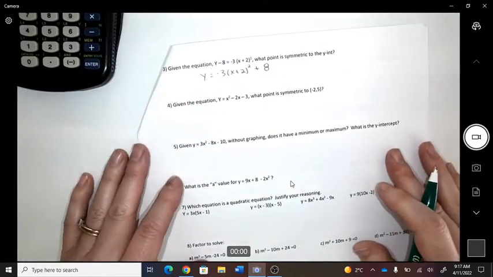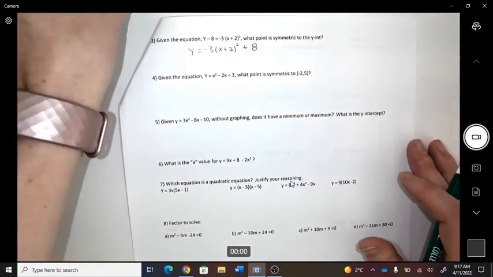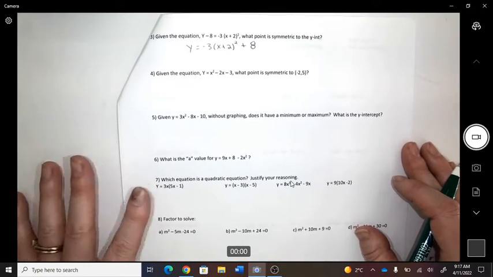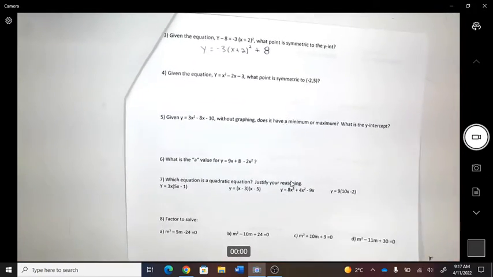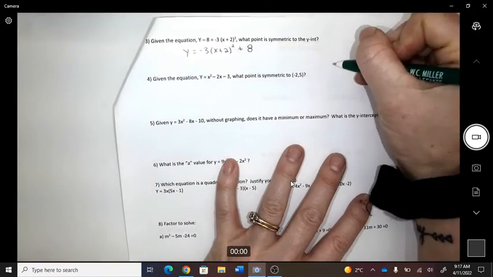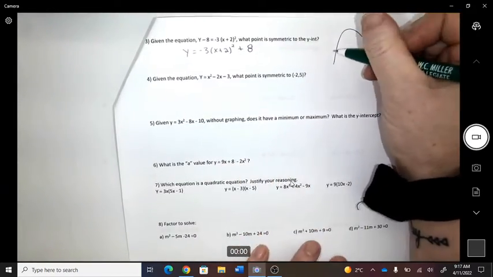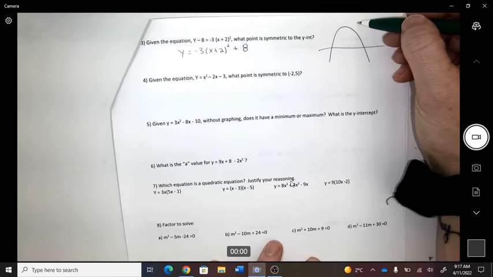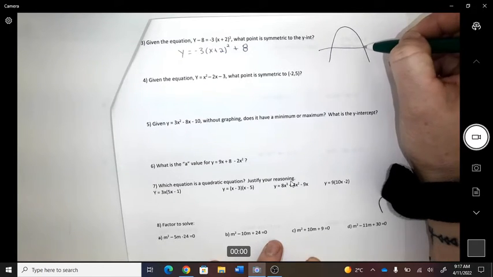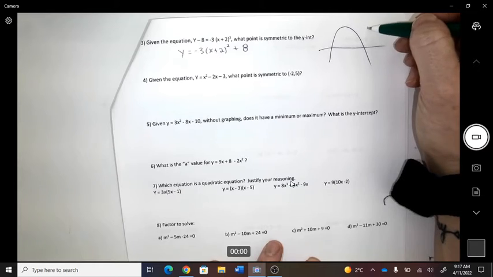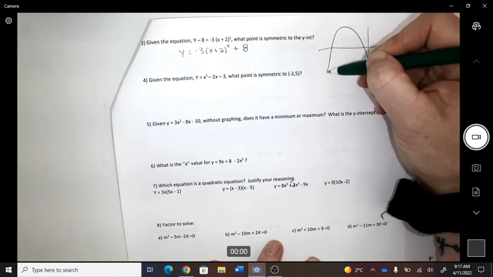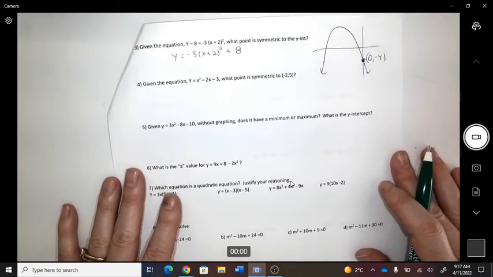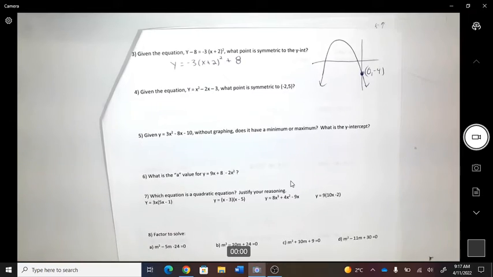We did this, but do you remember when we did this typing, we had to move the 8 part, and we've already graphed it, and that's what we saw.